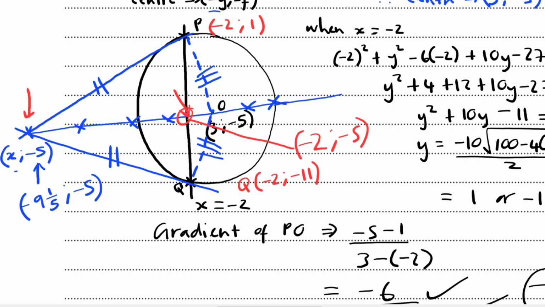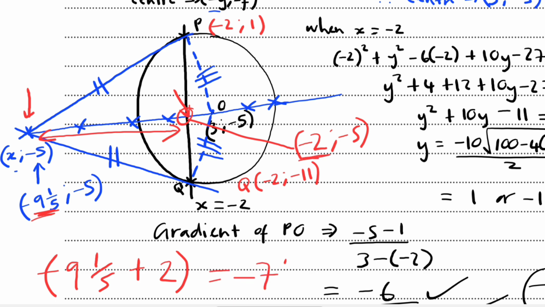So the length of this part of the line is just minus 9 and a fifth, right, plus 2, from here to here. And this will give us minus 7 and a fifth as the length of this.